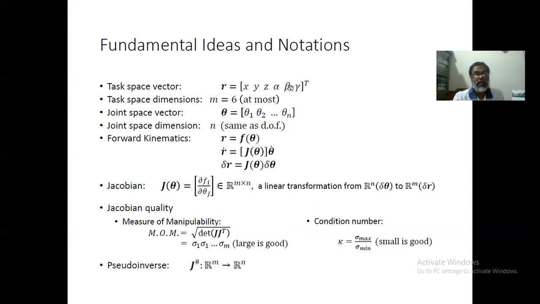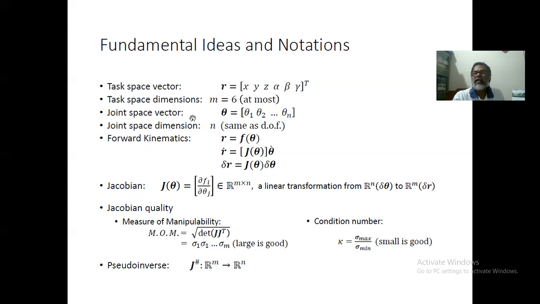Or the manipulator may be spatial, but there may not be any sense in rotating the tool about its own axis. For example, if the tool is like a cylinder, a pen or a rod, whether you rotate it about its own axis or not doesn't matter. So in the task space coordinates, that particular angle will actually be missing. That is why it is at most.